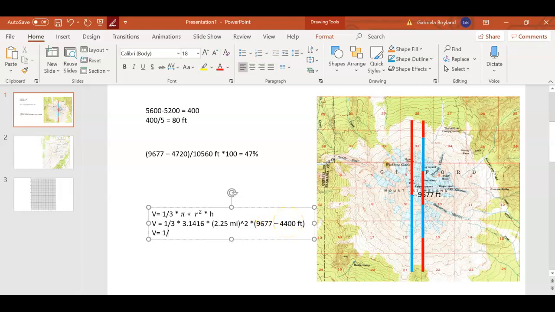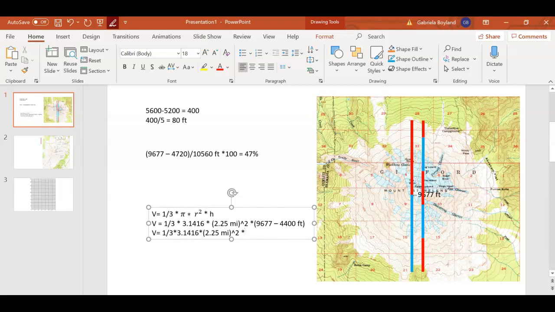So I say 1/3 times 3.1416 times 2.25 miles squared times, we can do the subtraction first. So 96.77 minus 4,400 is 52.77. And again, remember that we have to divide that by the number of feet in a mile.